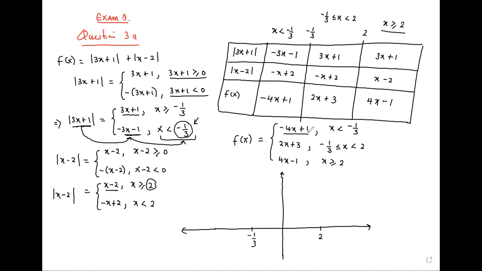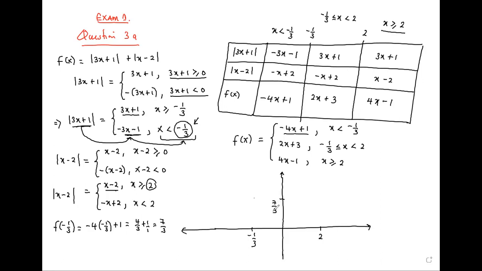So if I substitute negative 1 over 3 in the function and get negative 4 by negative 1 over 3 plus 1, giving us 4 over 3 plus 1 over 1, which is 7 over 3. If you add as fractions, we get 7 over 3.